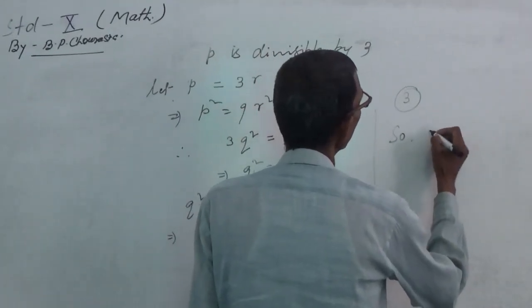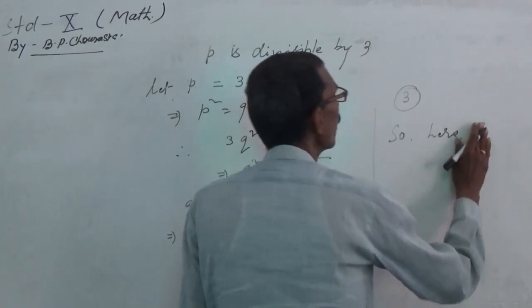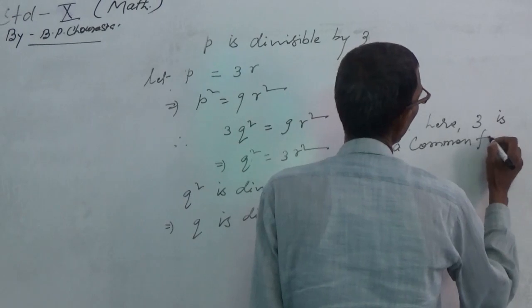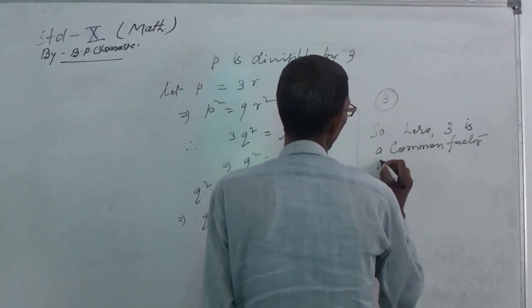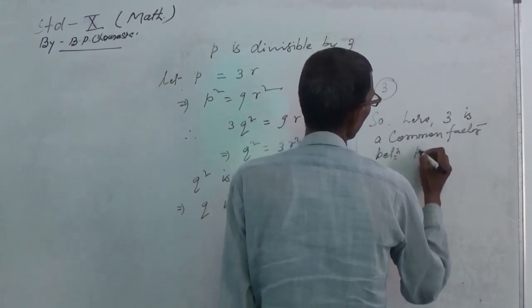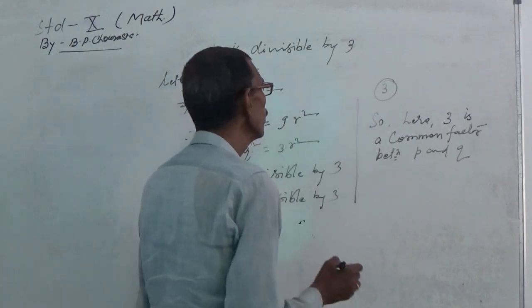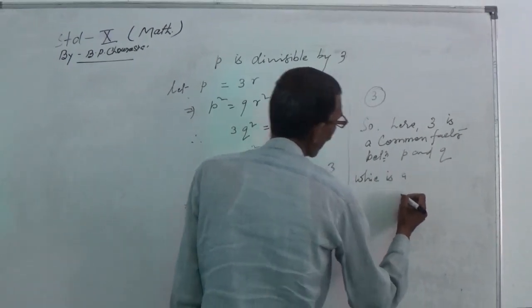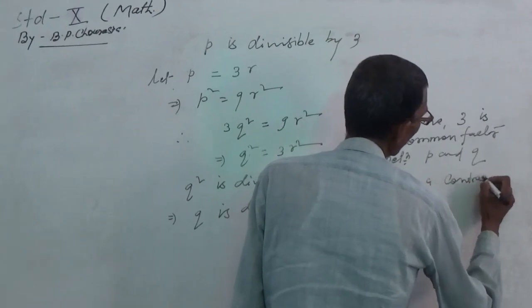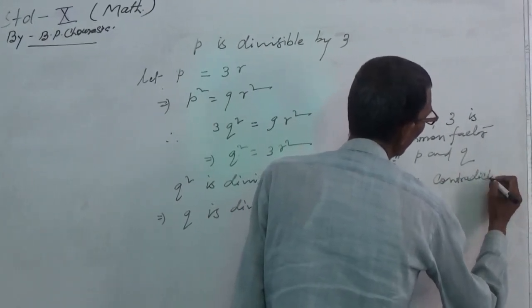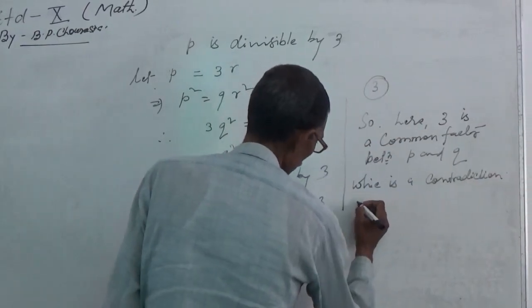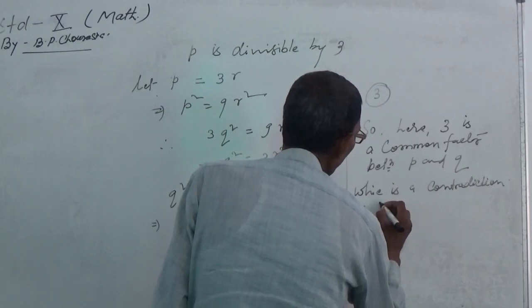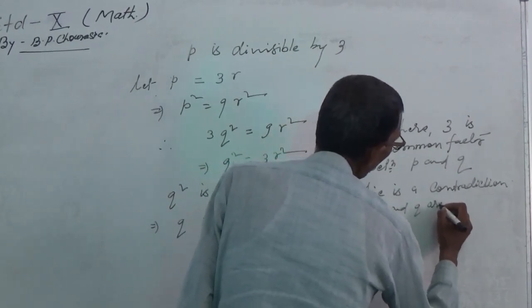So here 3 is a common factor between p and q, which is a contradiction, as p and q are coprime.